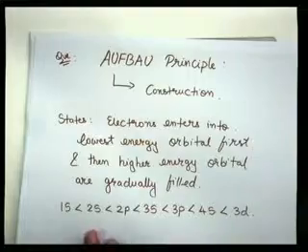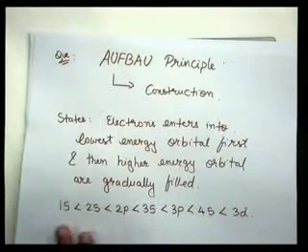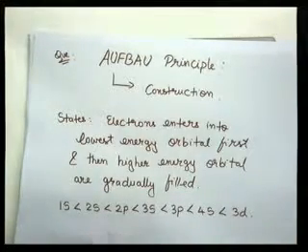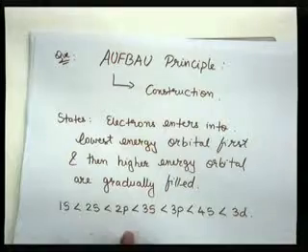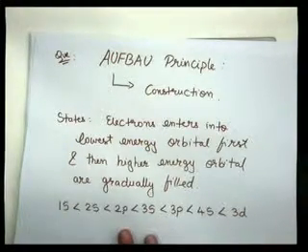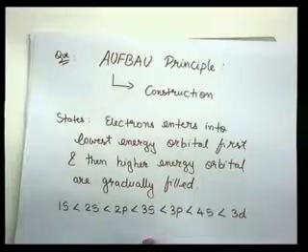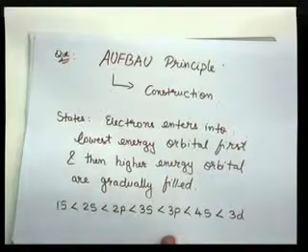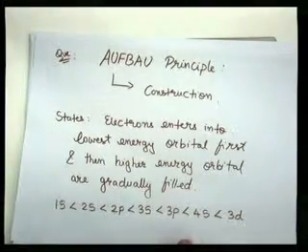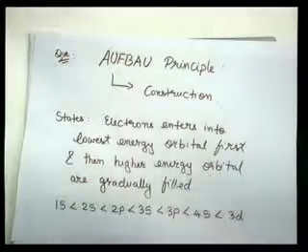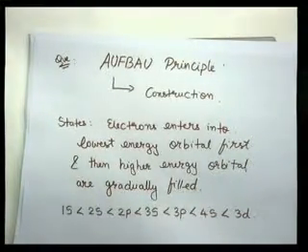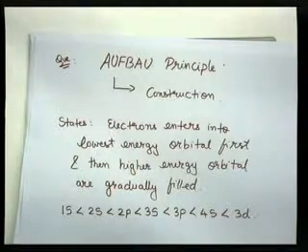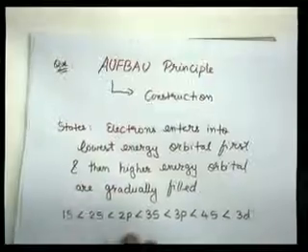So he has given an order: you can see here the 1s orbital has energy lower than 2s, 2s has energy lower than 2p, 2p lower than 3s, 3s lower than 3p, 3p lower than 4s, and 4s has energy lower than 3d. That is the meaning of this principle. Now we will put the Aufbau principle and another concept together, and we can make the configuration of the different elements.